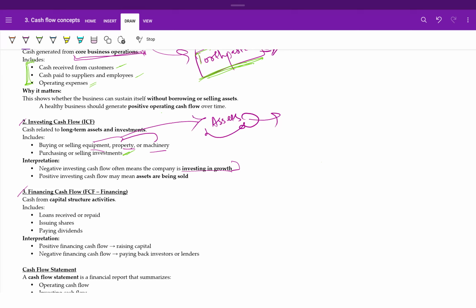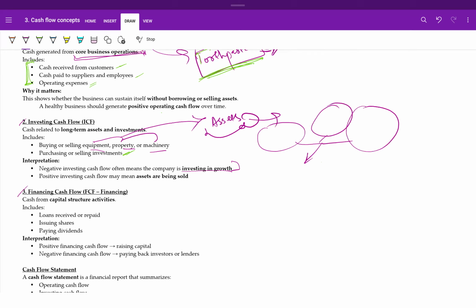When you are in a growth phase, you invest a lot of money. You buy equipment, properties, machinery, and all of these don't have an immediate effect on your cash flow statement. Initially, it's negative. Your investing activities are going to look negative, but these actually have a long-term positive impact.